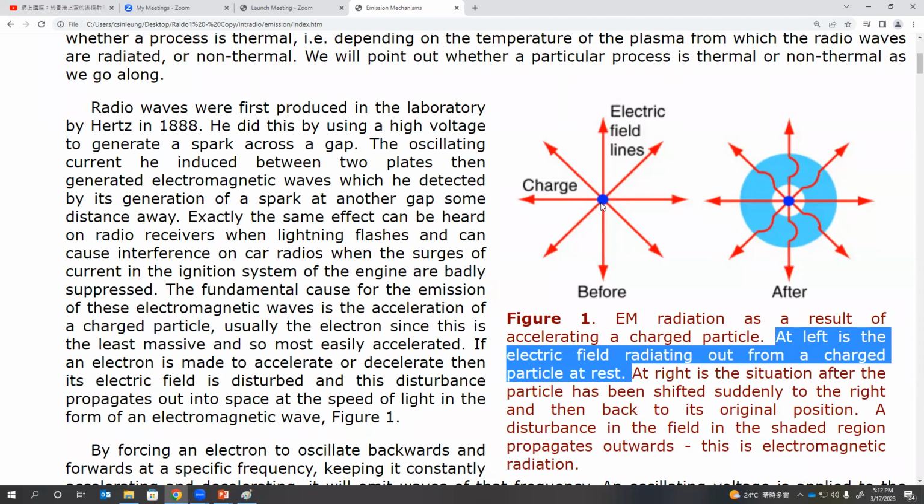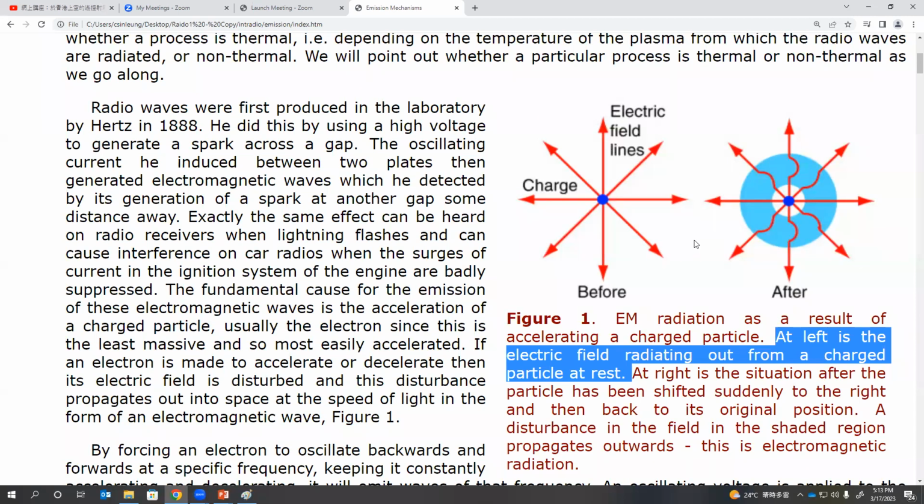However, if this charged particle is not static, say it suddenly moves and comes back, then the electric field lines will have another shape, not like the case at rest. Here, for simplification, we illustrate it in this format, so a disturbance in the fields. You can imagine that a charged particle with acceleration or deceleration will provide some electromagnetic radiation.